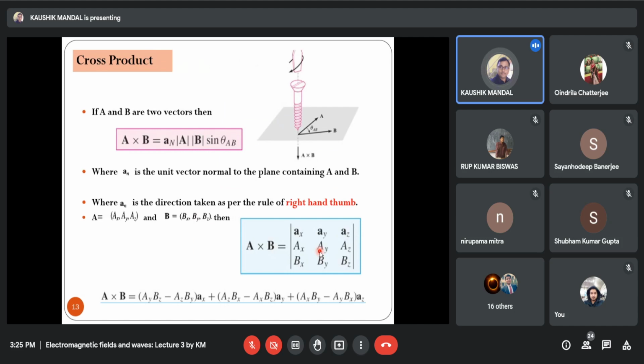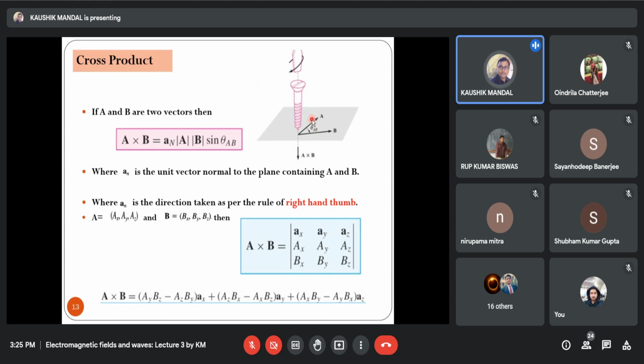Next comes the cross product. Once again, if we consider two vectors A and B, theta AB is the angle between these two vectors, and we are curling from A to B. That's why the arrow in this particular angle is drawn from A to B. That means it represents that we are curling from A to B. In that case, it is better to use the right-hand screw.